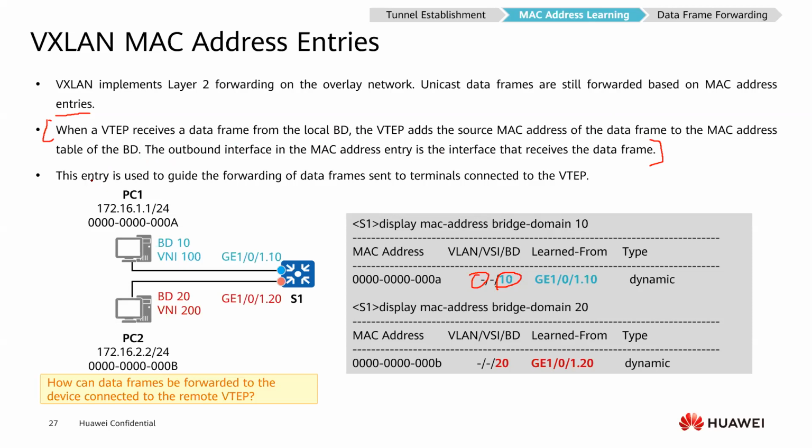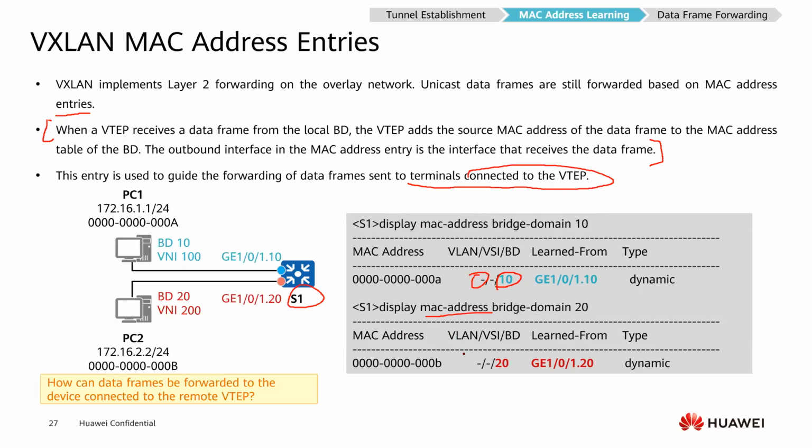And this entry will be used to guide the forwarding of the data frames sent to terminals connected to this VTEP. All right, connected to this VTEP. For example, PC1 and PC2 are connected to switch 2, and for switch 1, its MAC address table looks like that.